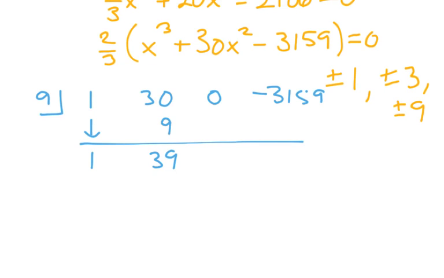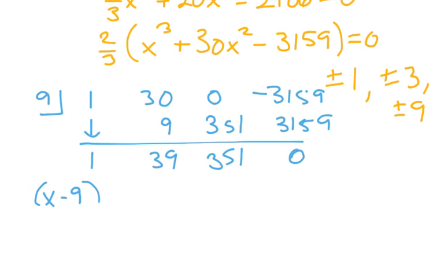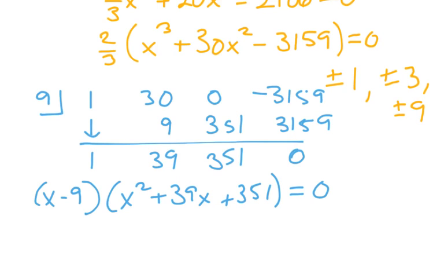So 9 times 39 is 351. 351 times 9 is 3,159, which gives us 0. So I end up with x minus 9 times x squared plus 39x plus 351 equals 0.